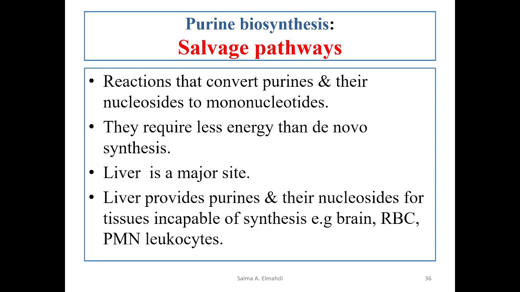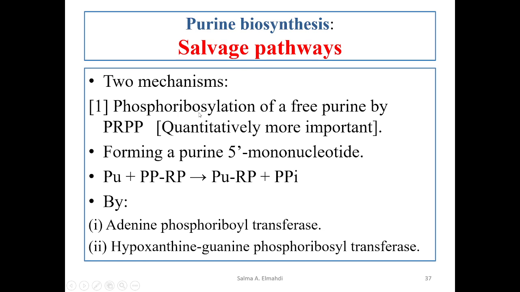Liver provides purines and their nucleosides for tissues that are incapable of synthesis, such as the brain, red blood cells, and polymorphonuclear leukocytes. For purine salvage pathways, there are two mechanisms: either phosphoribosylation of a free purine by PRPP as a source of phosphate ribose moiety.